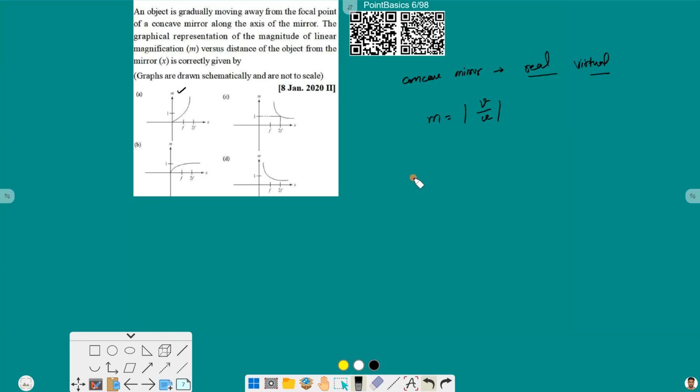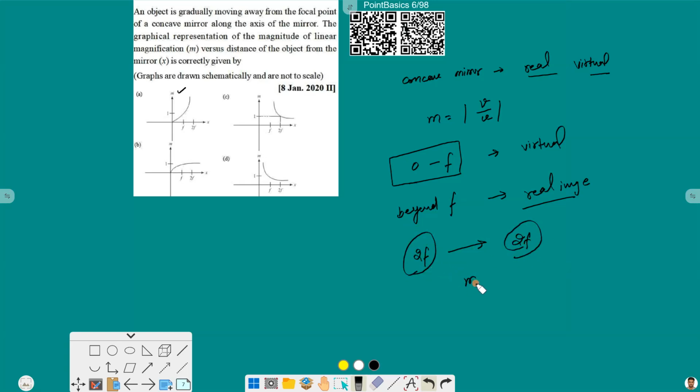Now for a concave mirror, if the object is between 0 and f, we will have a virtual image, and if it is beyond f, then it will be a real image. And we also know that at 2f, the image is formed at 2f, so at 2f magnification will be 1.